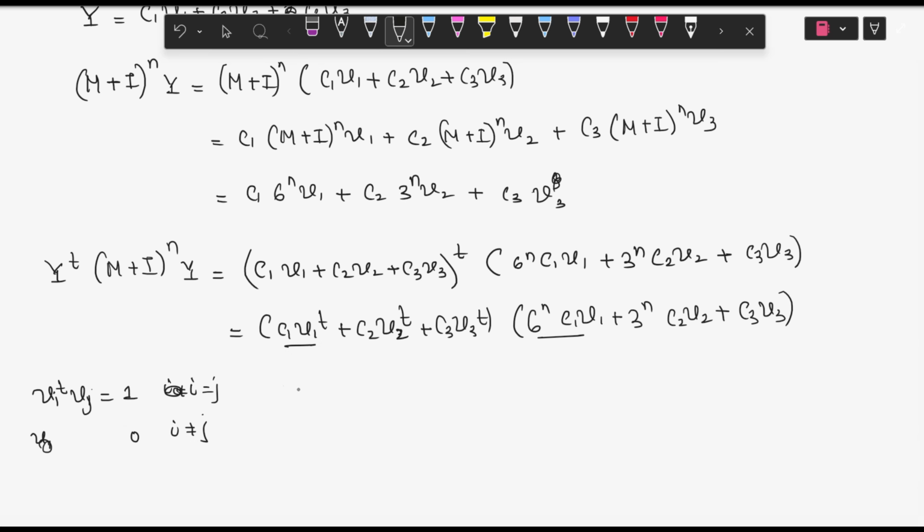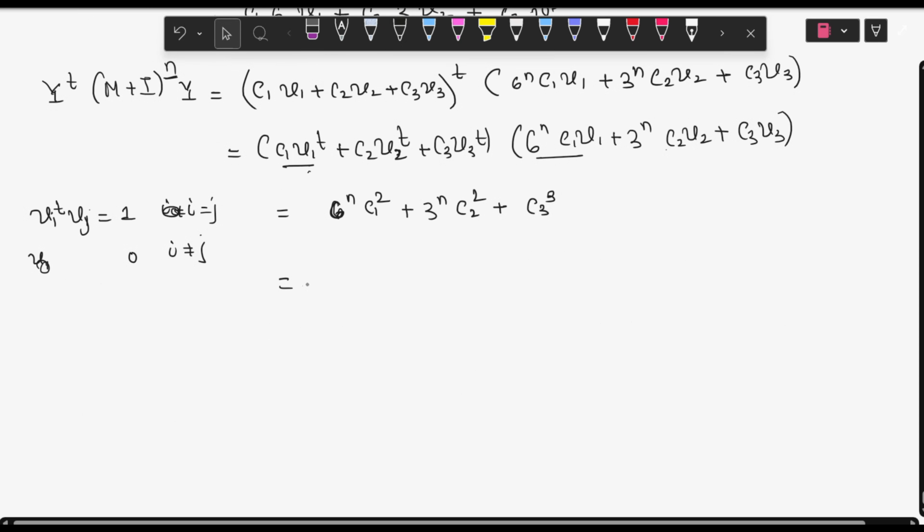So if we multiply this, पहले हम जब इसको इससे multiply करेंगे हमें क्या मिलेगा, 6^n c1 square, इससे इससे multiply करेंगे तो 0, इससे इससे multiply करेंगे तो 0, फिर आएगा 3^n c2 square then c3 square.